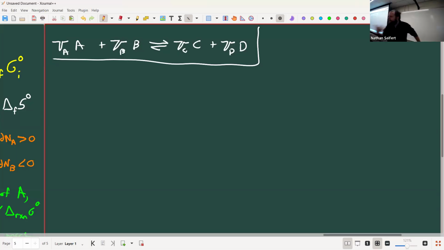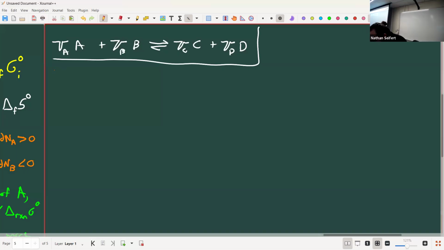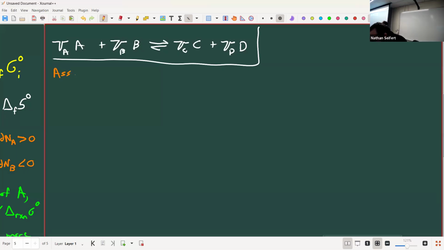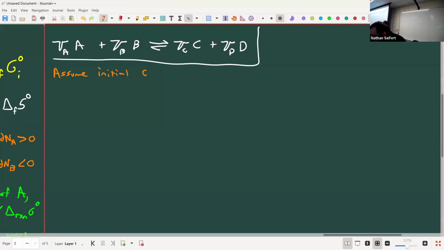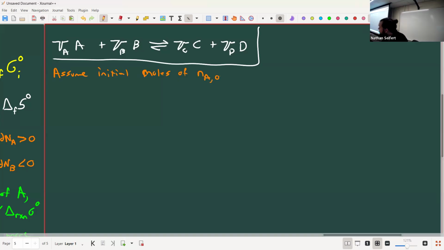All right, so let's define some tracking numbers, ways to track the moles. Let's assume initial concentrations or initial moles of N_A,0, right?